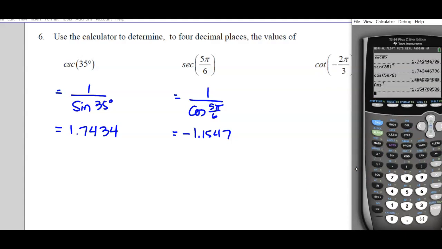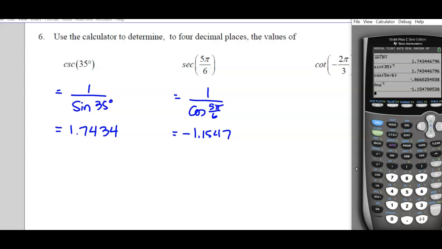Okay, cotan is the reciprocal of tan. When we get into more trig, where we do things like identities and proofs, we think of cotan, first of all, as cos over sine, because tan is really sine divided by cos.